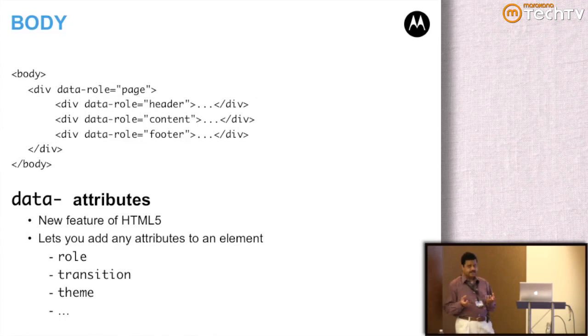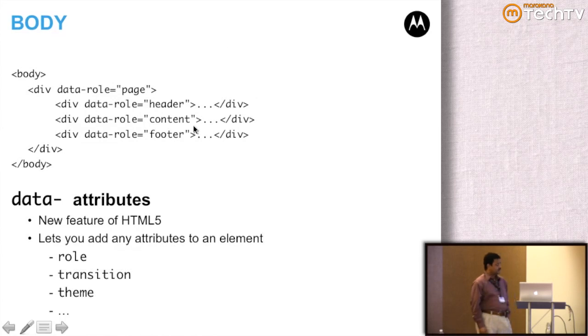We will talk about the data attributes in a second, but whenever you say data-role equal to page, that means that is the container for the rest of your application to reside in. And within the page, really all you need is the content, and that is where you put your main application content. Header and footer are obviously optional, but they are helpful for navigation and informational purposes.